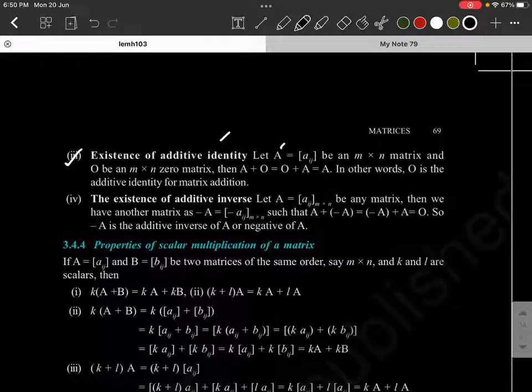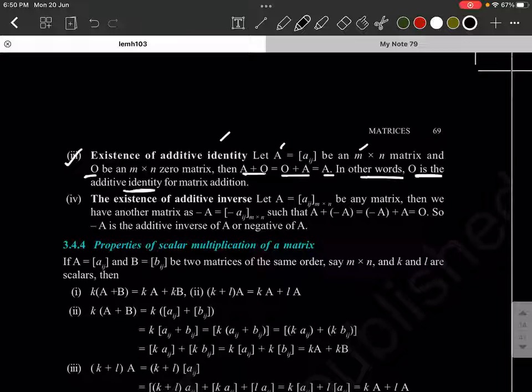So existence of additive identity. If I take A as a matrix of order M cross N, and let's say 0 matrix is of the same order M cross N, where every element of the matrix is 0, then A plus 0 is equal to 0 plus A is A. In other words, 0 is called the additive identity for the matrix addition. Similarly, if I talk about existence of additive inverse, this I already told you. A is a matrix of order m by n. Then what will be the additive inverse of it?